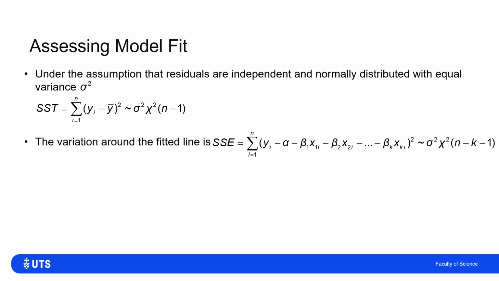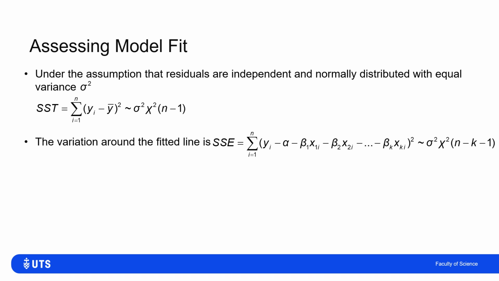Similarly, if I work out the squared variation around the fitted line, I've got a similar idea, but I have fewer degrees of freedom, because for the fitted line I can move the alpha, but I can also move each of the k beta parameters as well. So here I've got n minus k minus 1: not just one constraint, but k plus 1 constraints.